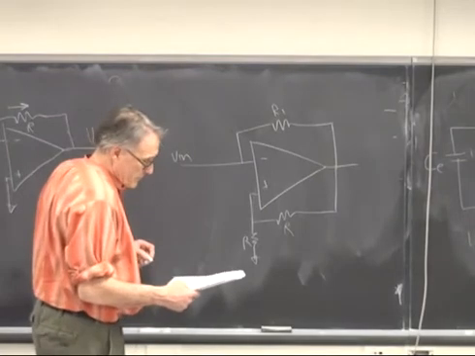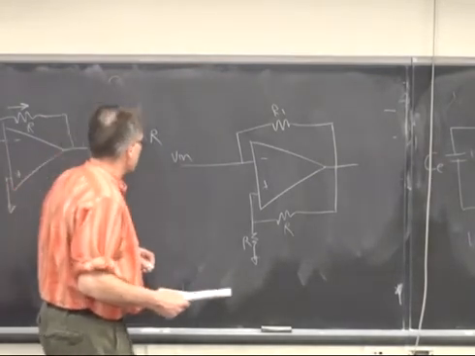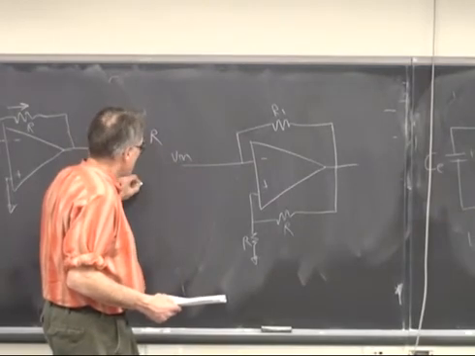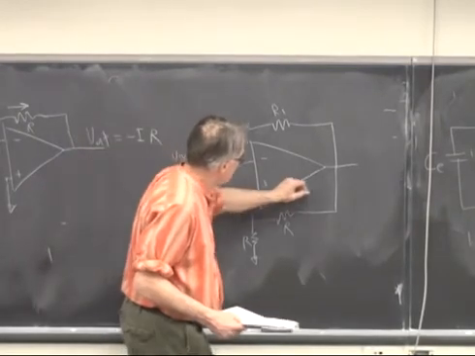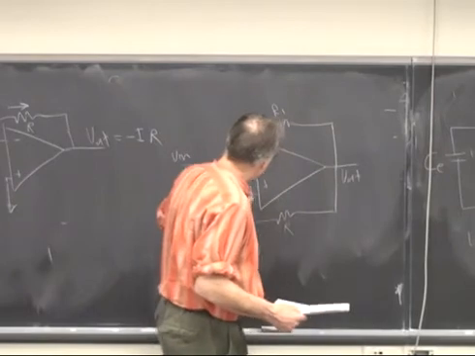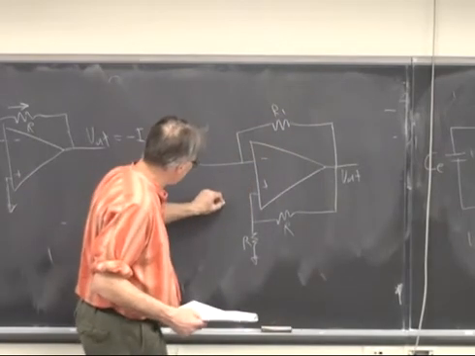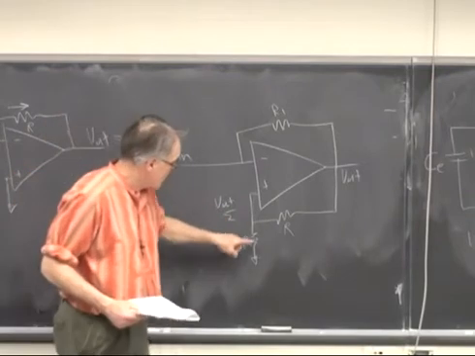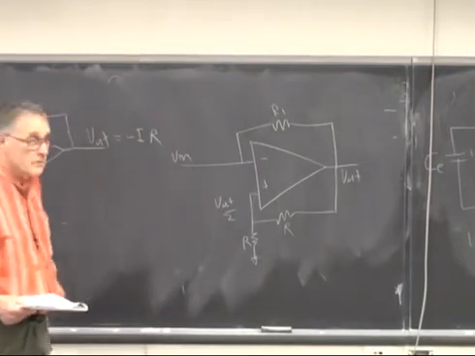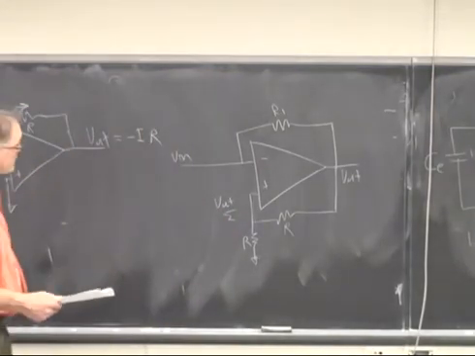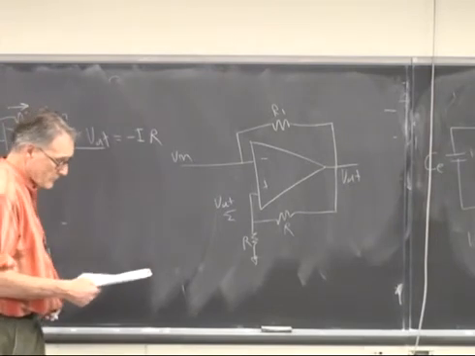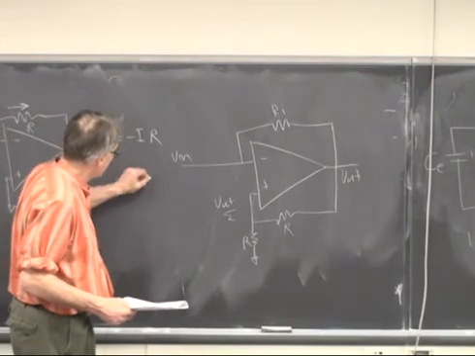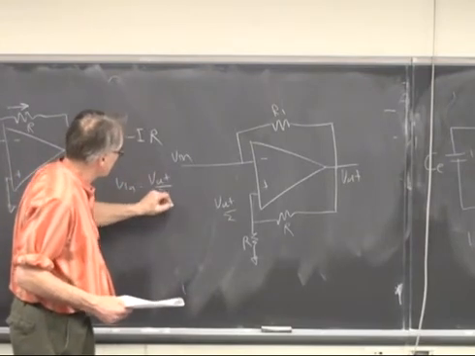So this point here, if this is V out, then the positive terminal must be at V out over 2, because this is an R to R voltage divider. And that means that V in has to equal V out over 2.